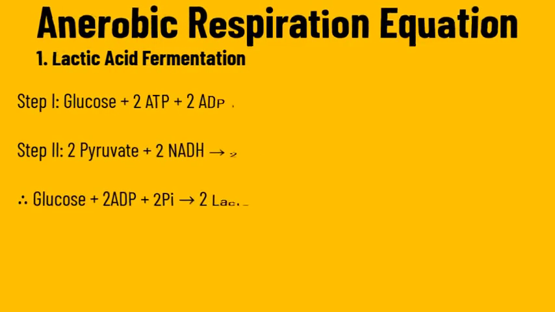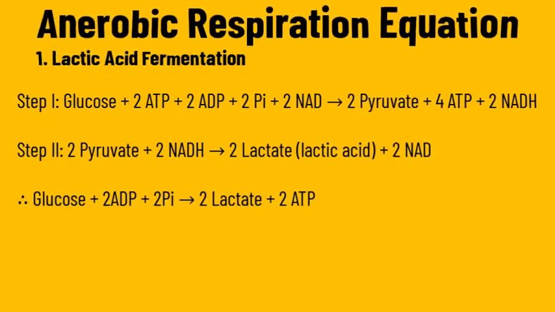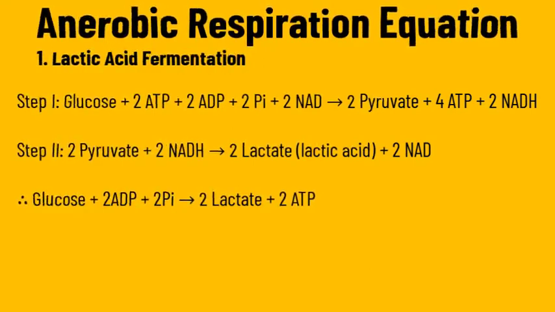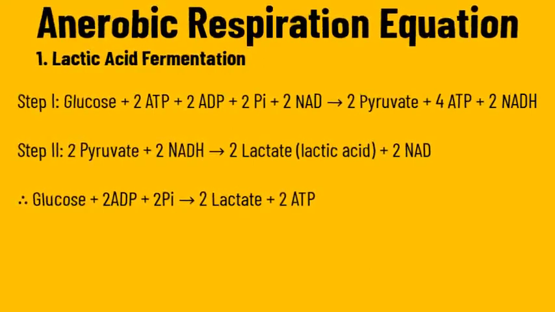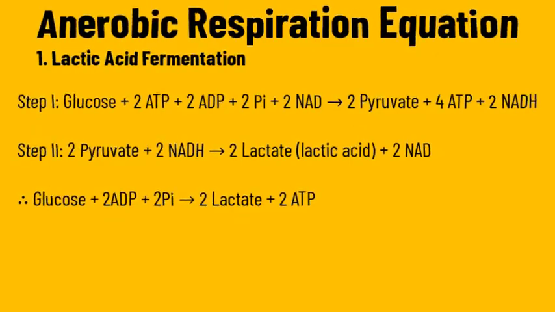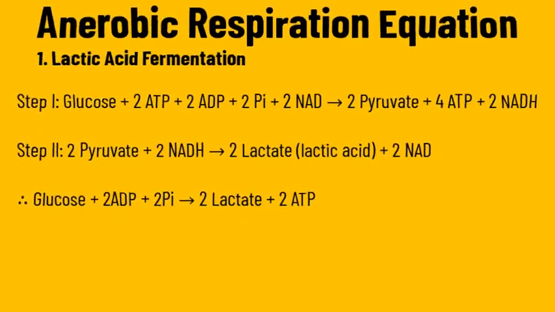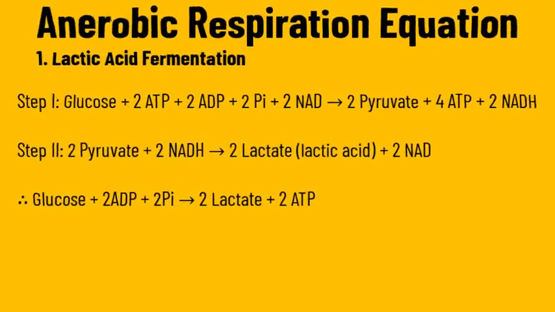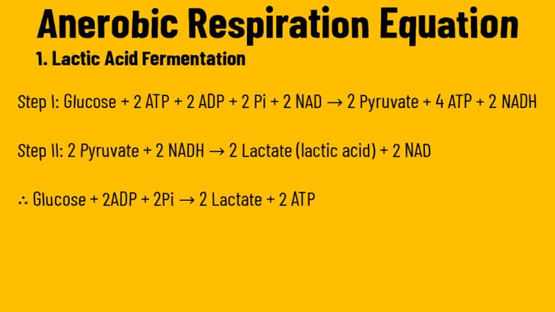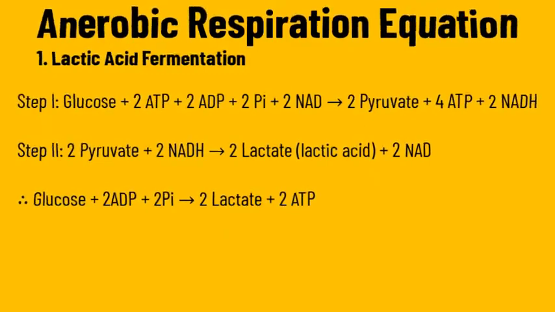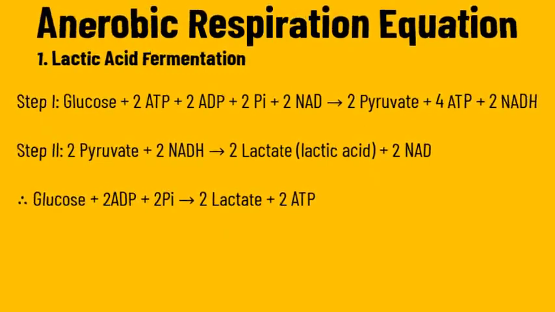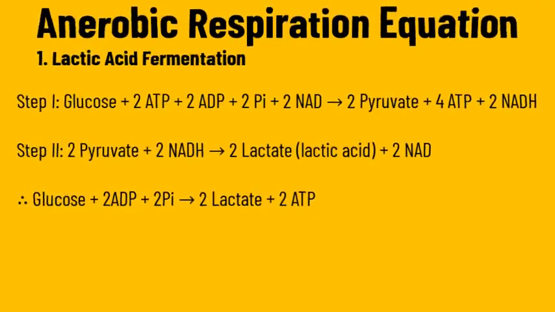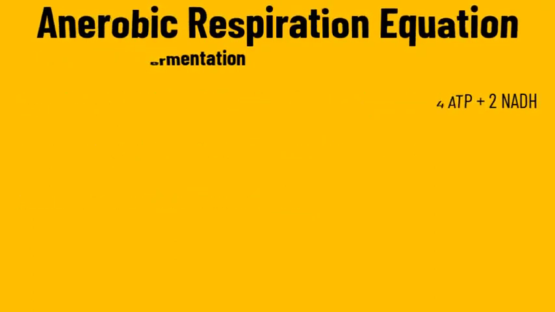In the first step, you can see glucose plus 2 ATP plus 2 ADP plus 2 phosphate ion plus 2 NAD results into 2 pyruvate plus 4 ATP plus 2 NADH. In step 2, 2 pyruvate plus 2 NADH results into 2 lactic acid plus 2 NAD.